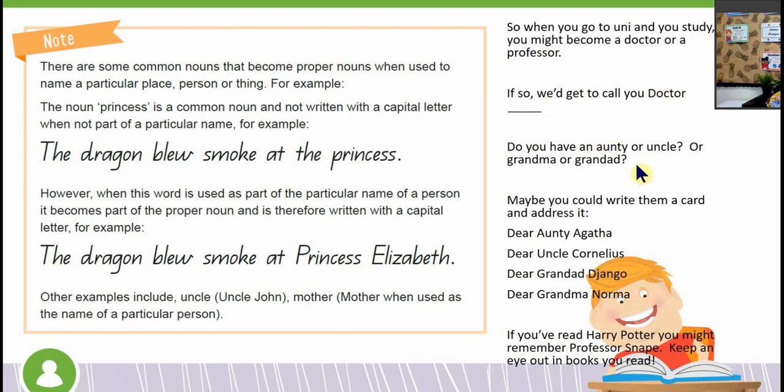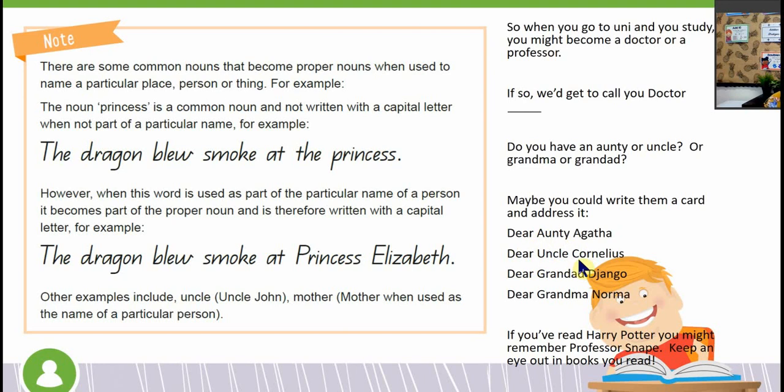So do you have an auntie or uncle or a grandma or a granddad? Maybe you could write them a card. Maybe you could write them a text message or something. And you could address it with the proper noun and the capital letters. So you'd have Dear Auntie Agatha. So capital A for Auntie and capital A for the person's name. Dear Uncle Cornelius.